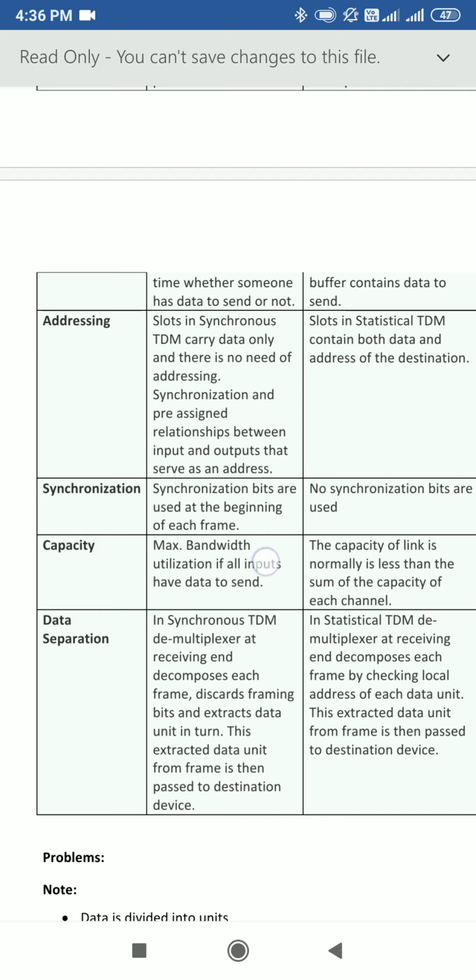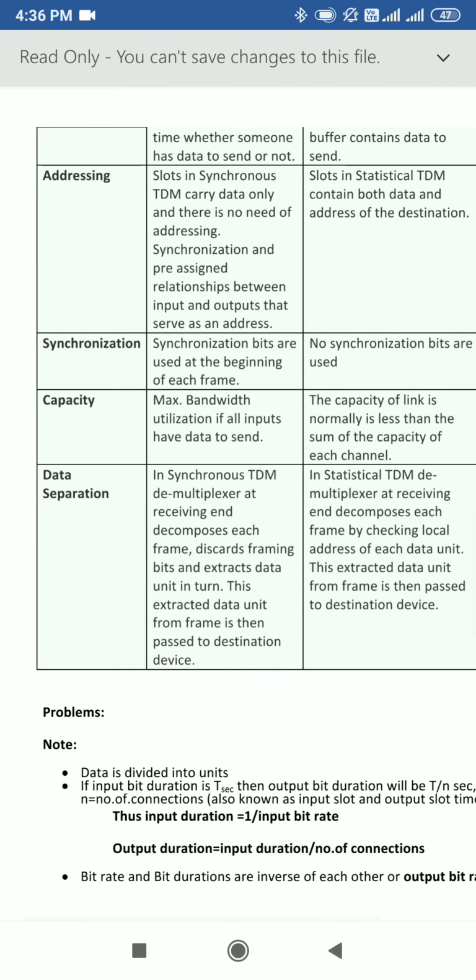Then you have synchronization. In synchronous, synchronization bits are required at the beginning of each frame. No synchronization bits are required in statistical. And the next is about capacity. In synchronous TDM, bandwidth is wasted if there is no input data to send. But here, no bandwidth is wasted, or less bandwidth is wasted compared to synchronous TDM.